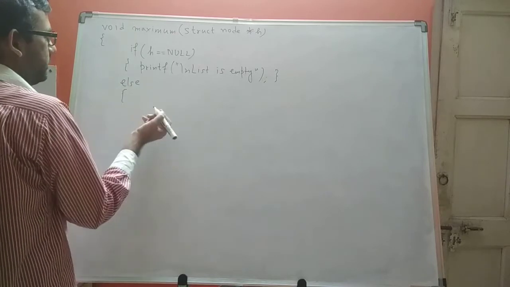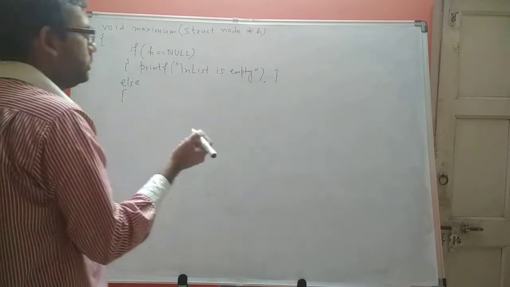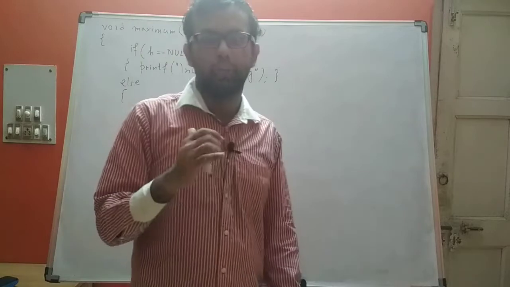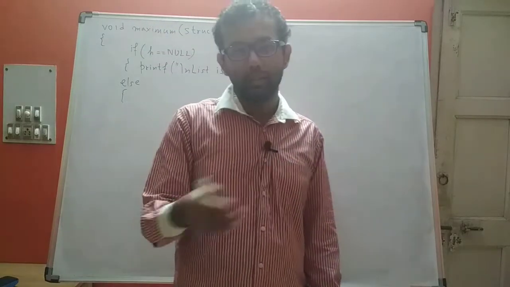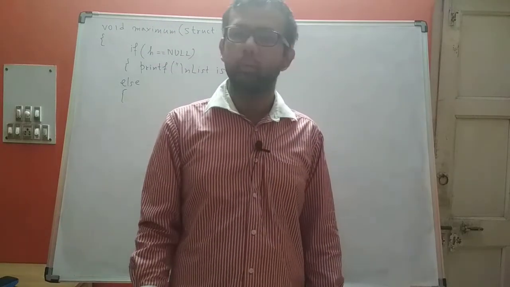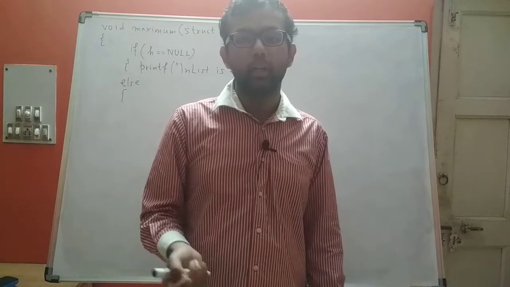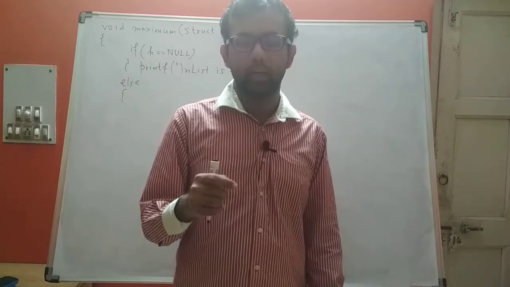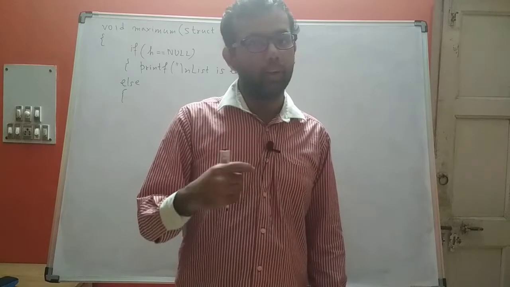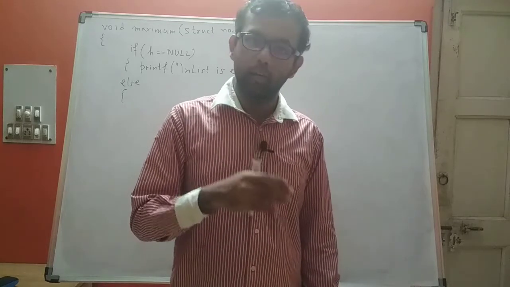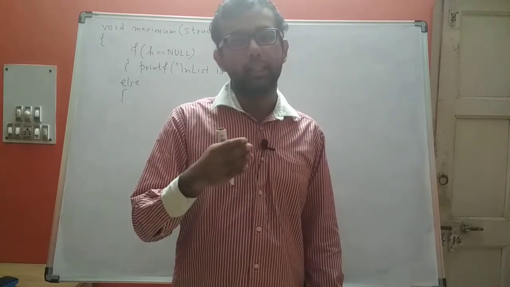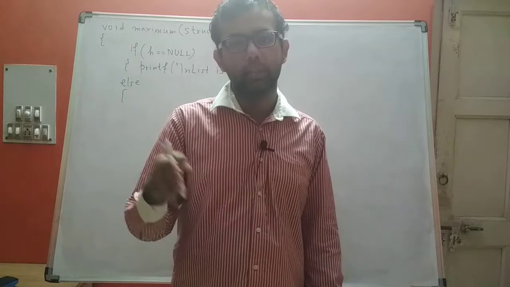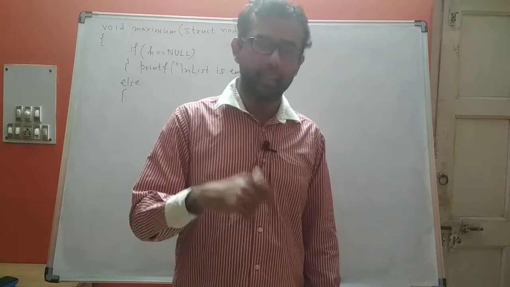If the list is not empty, then I need to implement the logic of finding the maximum number in a list of numbers. So what is the logic? I'll assume the data part of the first node to be the maximum value of my linked list. And now I'll start from the second node. I'll keep comparing every node's data part with my assumed maximum.